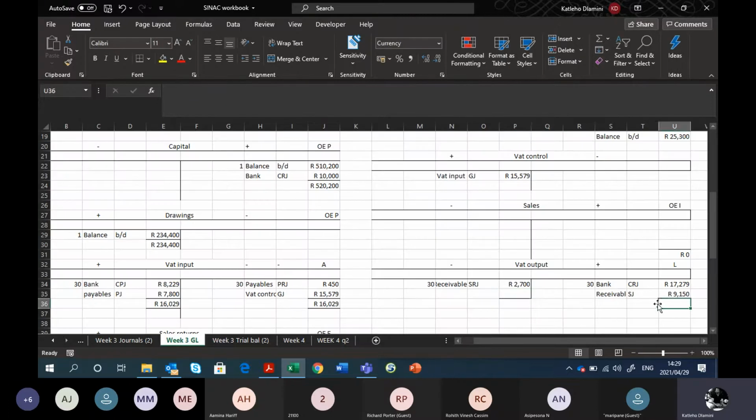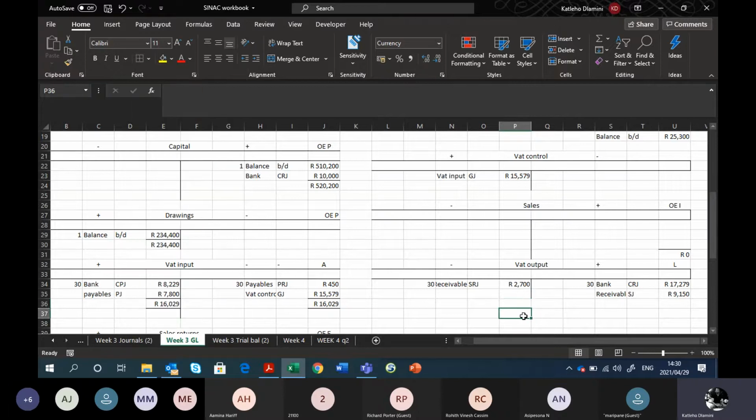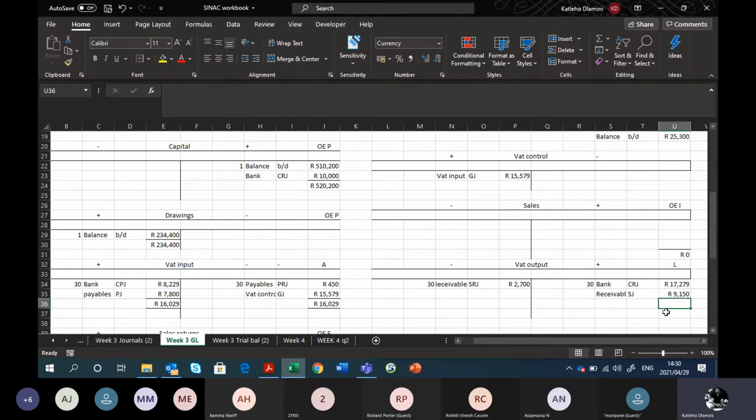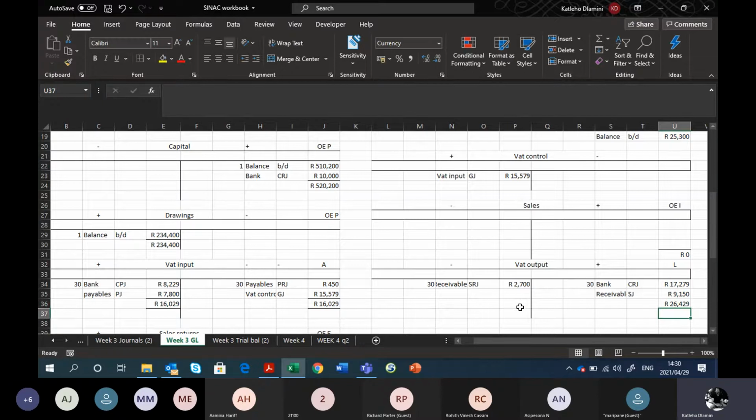So this side is obviously bigger. Going to remove this. Make that a thing. The sum of those two amounts.